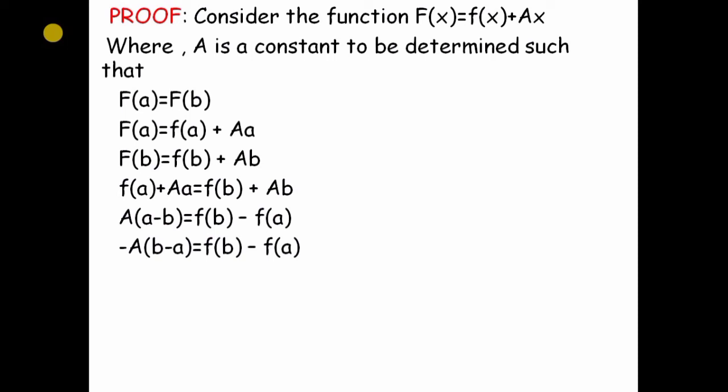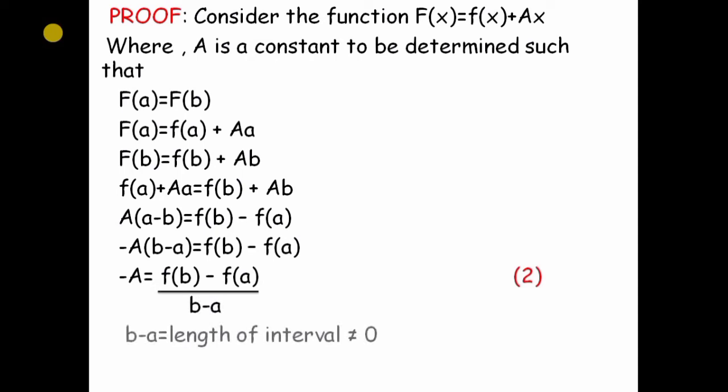Equating both these, we find that minus A equals f of b minus f of a upon b minus a. Here b minus a is the length of the interval, so this cannot be 0, otherwise there is no sense of a graph between the same points. If b equals a, it doesn't make sense to apply the mean value theorem.